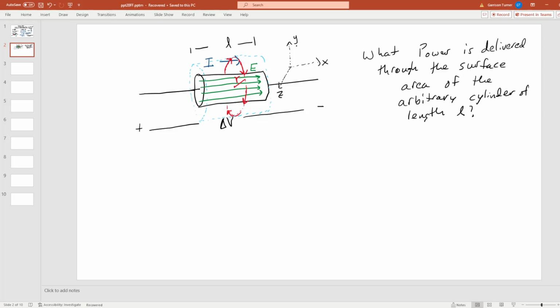In this coordinate system, my E field, since it's constant, can be written as delta V over L in the I direction.